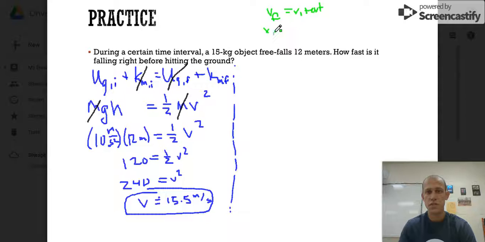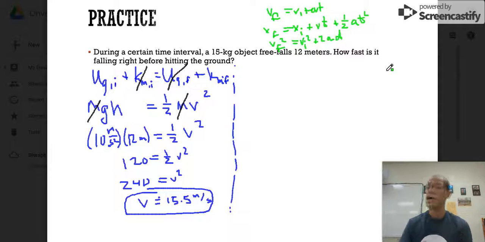Our final position is equal to our initial position plus the velocity times time plus 1/2 the acceleration times time squared. We have the final velocity squared is equal to the initial velocity squared plus 2ad. A combination of them, or maybe one of them, can solve this problem.